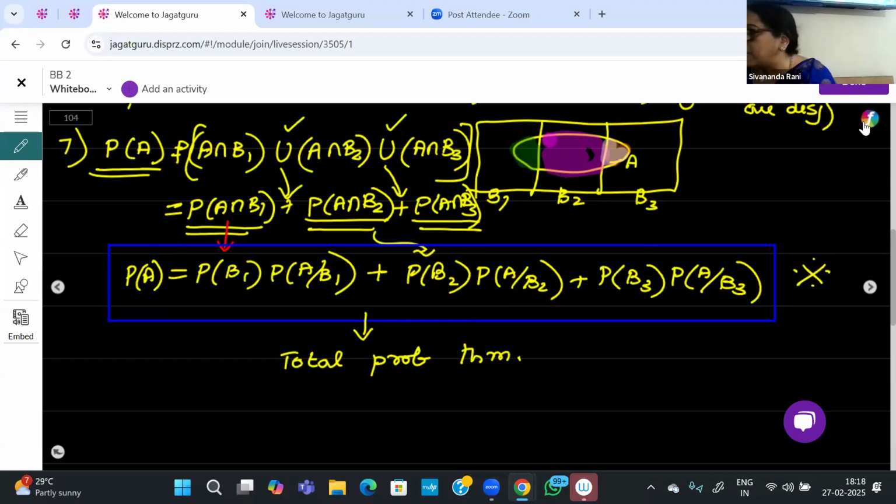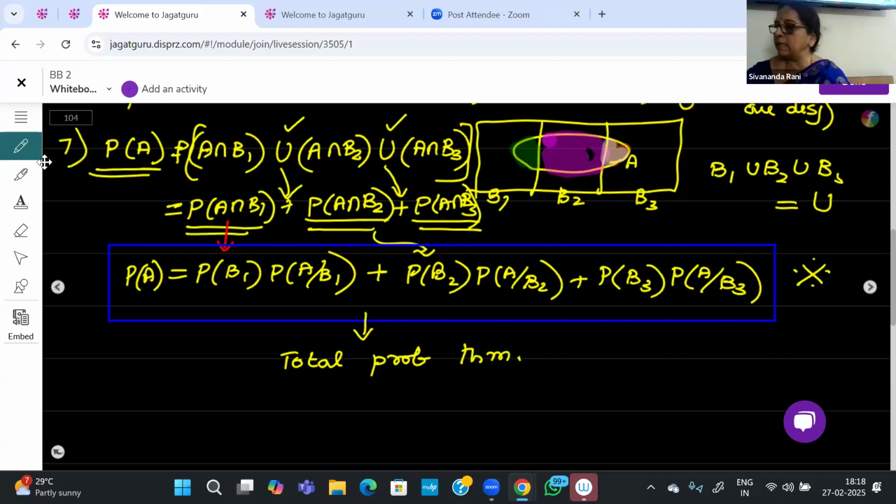So what do I mean by spanning the sample space? It is a situation in which the union of three sets is actually a universal set, and those sets are pairwise disjoint. So this is called the total probability theorem. In such situations only, we use the total probability theorem.